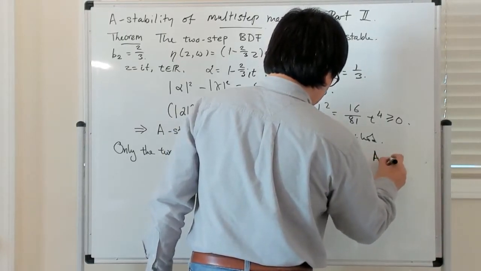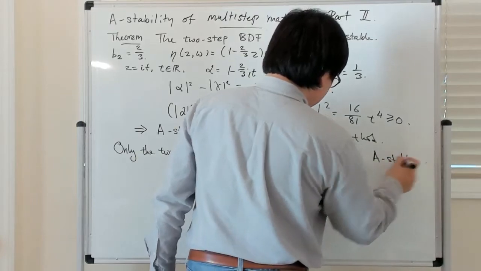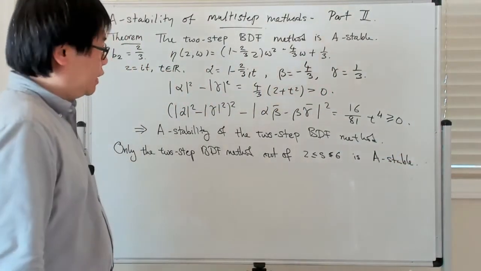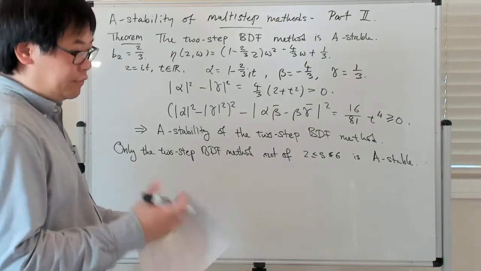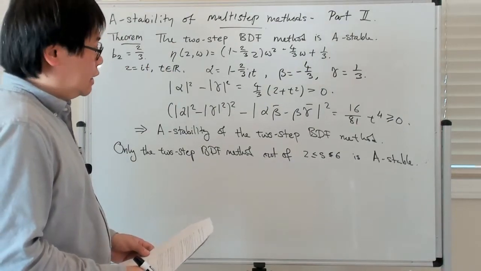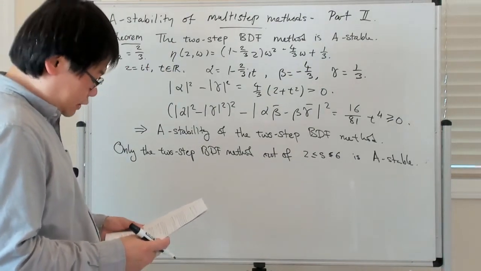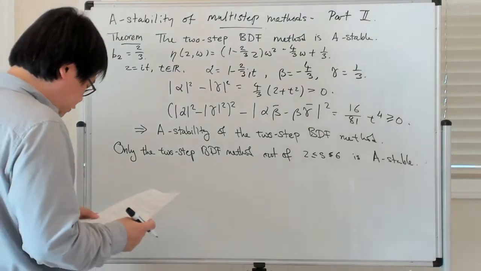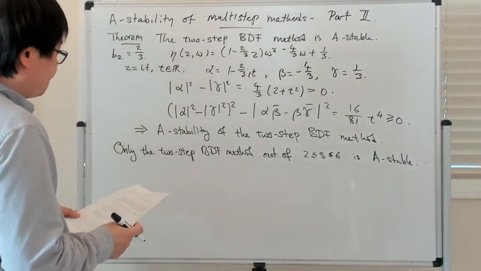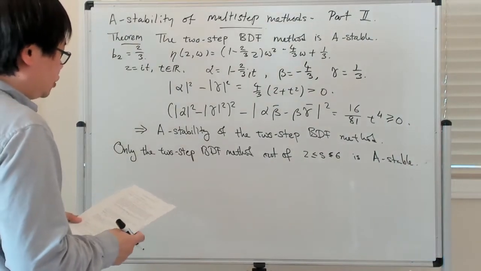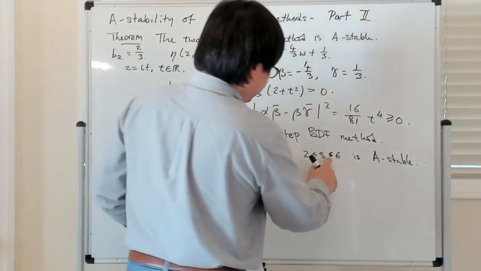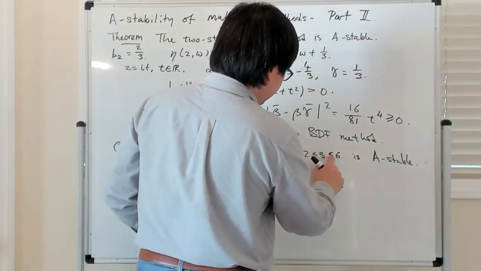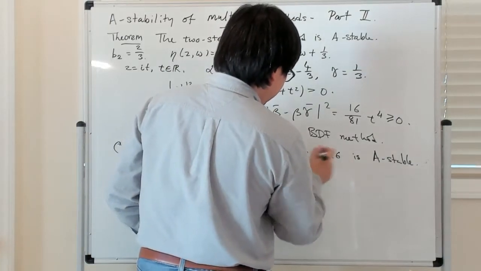And if you recall, the reason why I don't talk about BDF methods which have more than 6 stages is because if they have more than 6 stages, they're not convergent, basically, because they're not stable, actually, come to think of it. So if you don't have stability, then you don't have convergence, right?